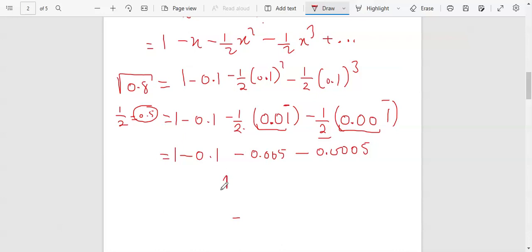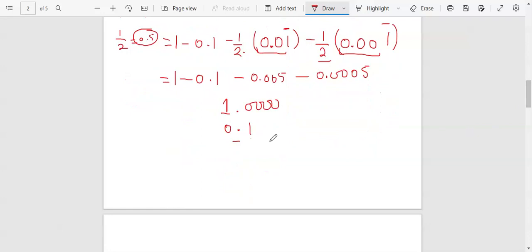Now to be able to subtract this one, I'm going to write it like this. I'll write 1 point. Of course, we're supposed to have zeros here just to keep the decimal. And then I'll write a minus. We have got 0.1. The next one is 0.005.